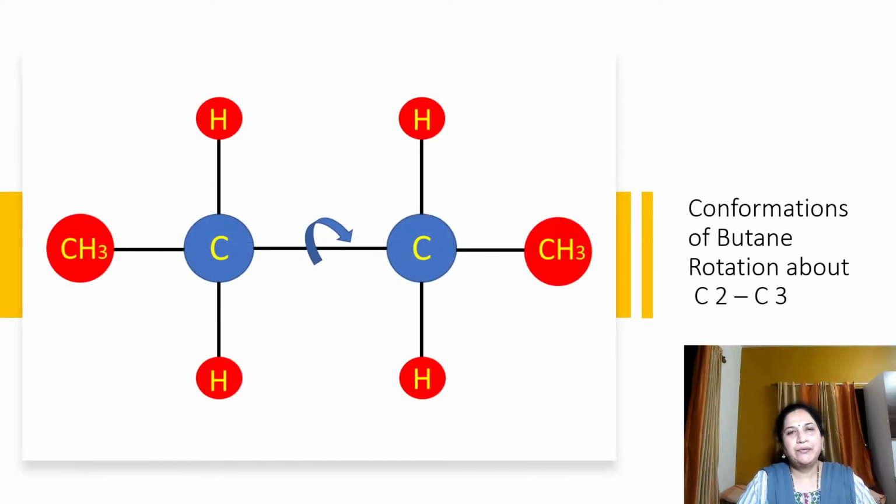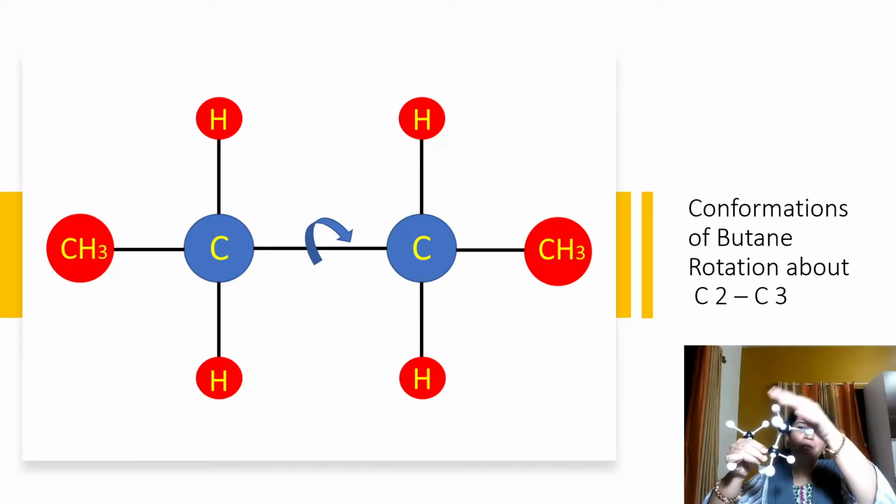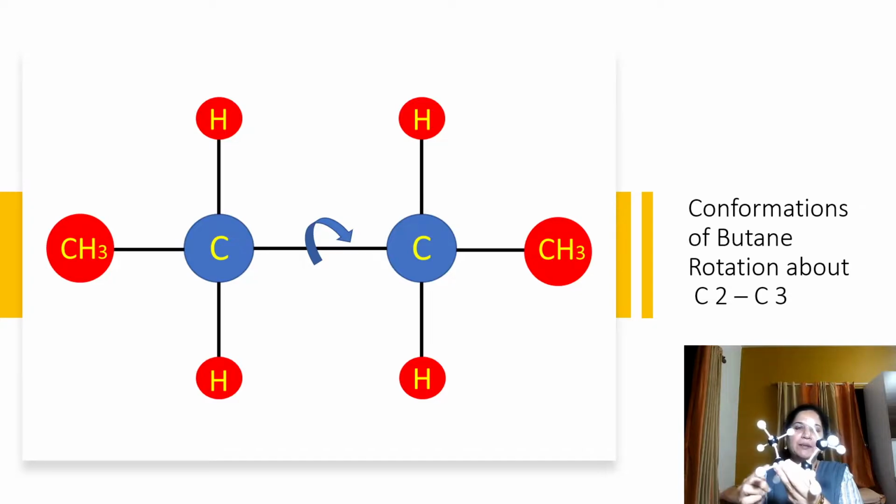In this video we will discuss various conformations of butane that will be obtained by rotation of carbon number 2 and carbon number 3, basically this bond. As you can see, carbon number 2 is attached to 2 hydrogens and 1 methyl group. Similarly, carbon number 3 is attached to 2 hydrogens and a methyl group.